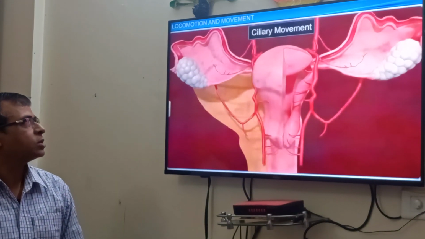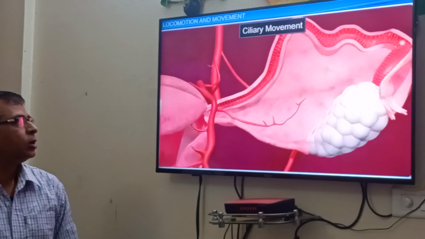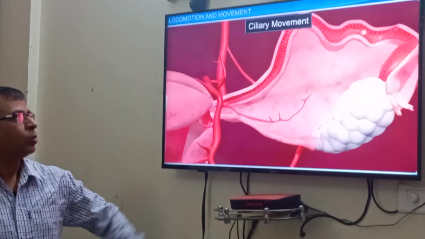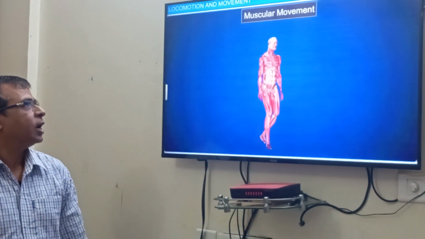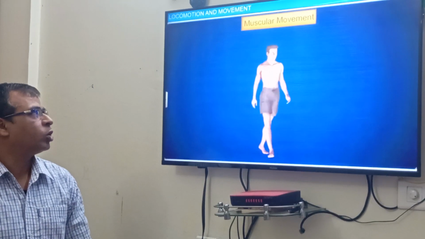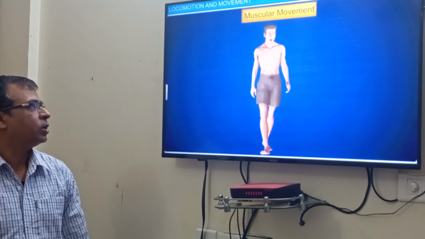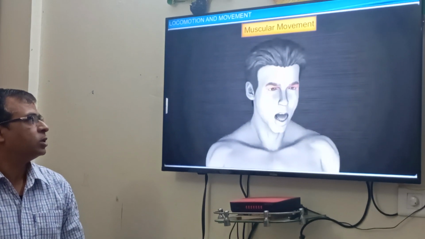This is also ciliary movement in the female reproductive system, where the ovum travels through the tract.